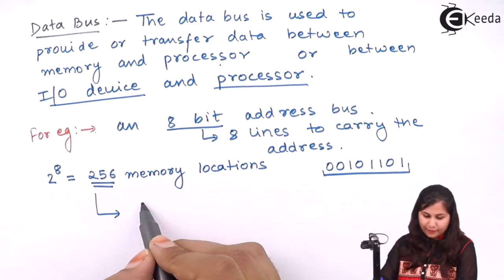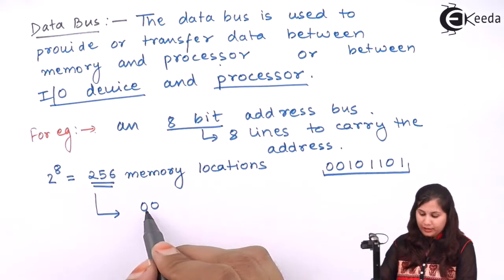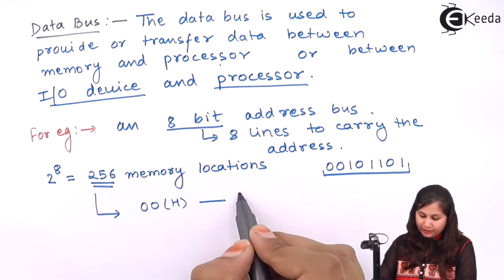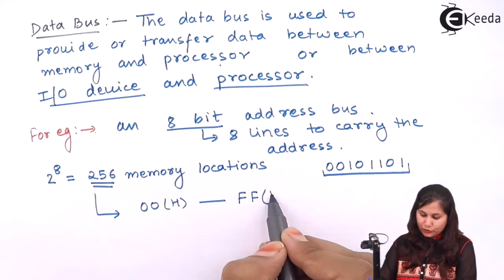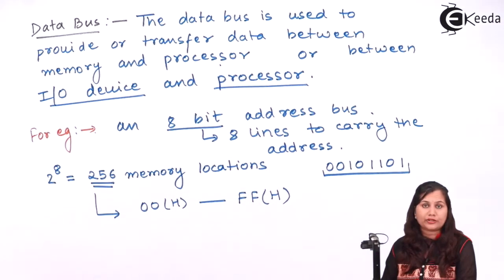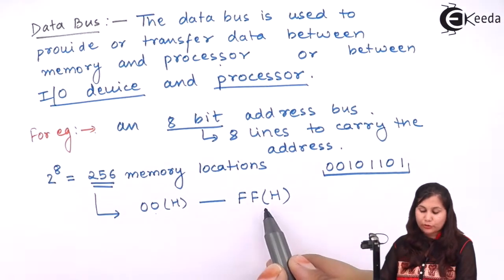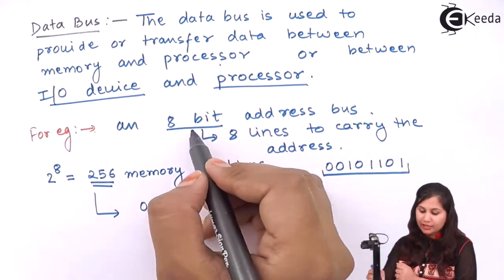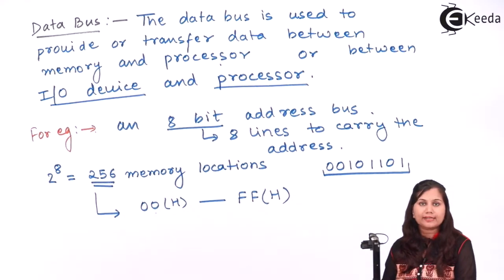So we can have, starting from 00 in hexadecimal till FF, also in hexadecimal, these 256 memory locations addressed using this 8-bit address bus.